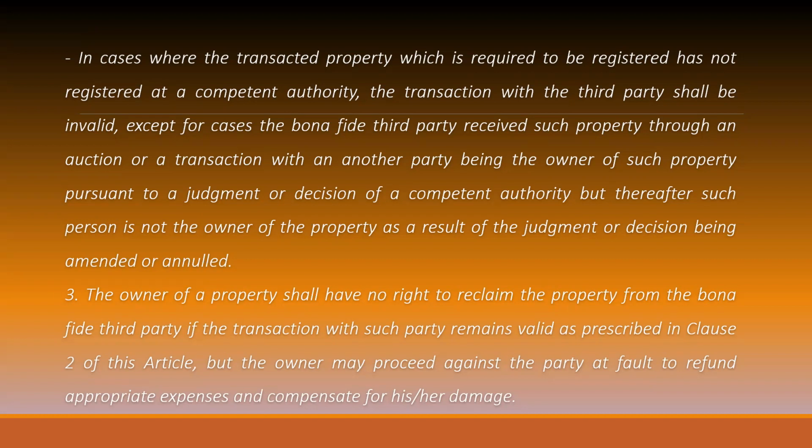The owner of property shall have no right to reclaim the property from the bona fide third party if the transaction with such party remains valid as prescribed in clause 2 of this article. But the owner may proceed against the party at fault to refund appropriate expenses and compensate for his or her damage.